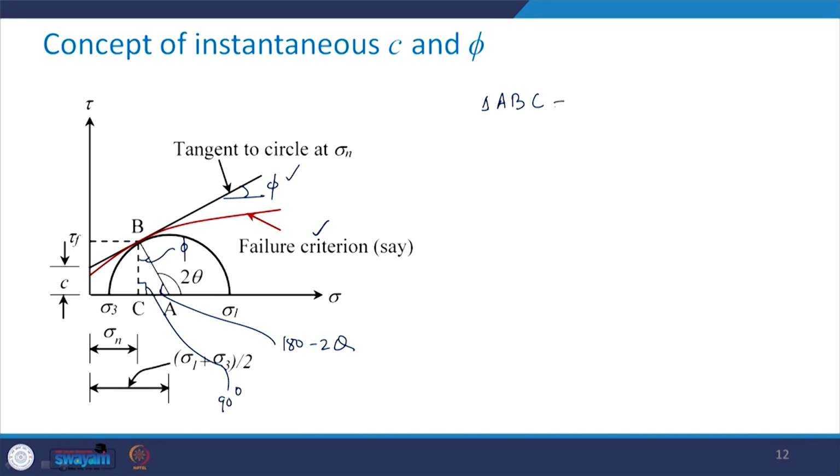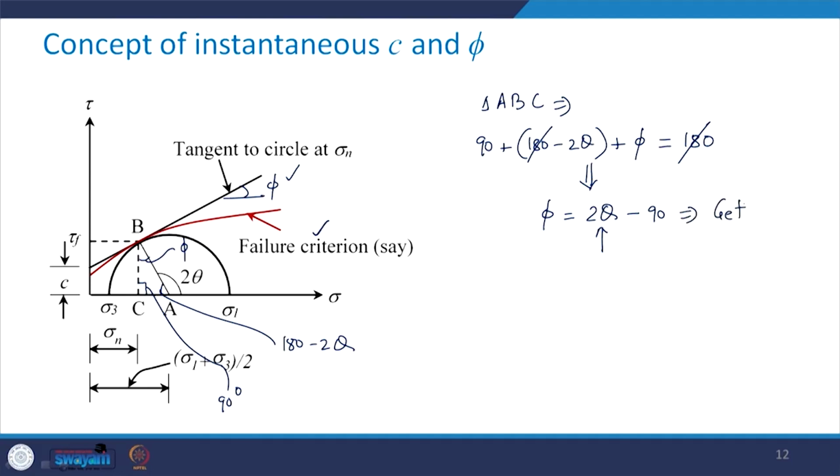So in triangle ABC we can write 90 plus 180 minus 2 theta plus phi is equal to 180. This will get cancelled out, and what you will get from here is phi is equal to 2 theta minus 90. Now earlier we already have obtained the expression for theta, so from here we can get phi.